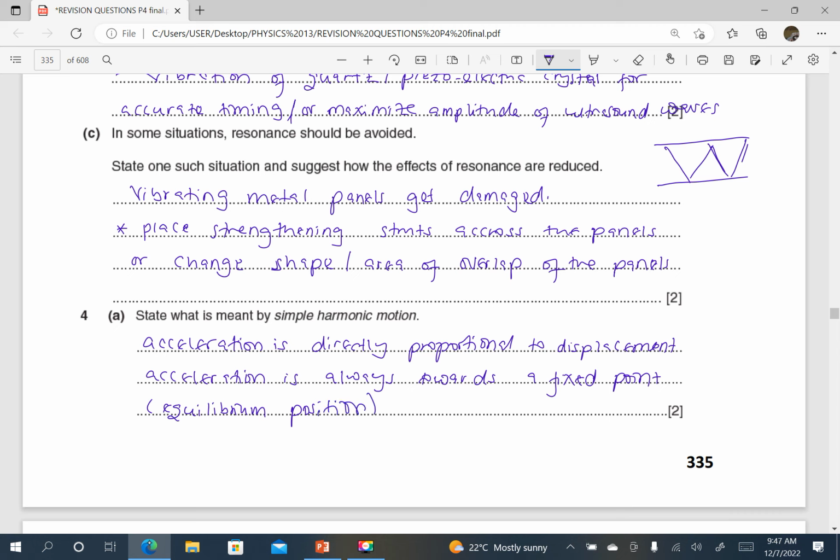So acceleration is always directed towards the equilibrium position. Or you can simply say acceleration and displacement are always in opposite directions. That's why we have a minus sign in the equation a equals negative omega squared x.